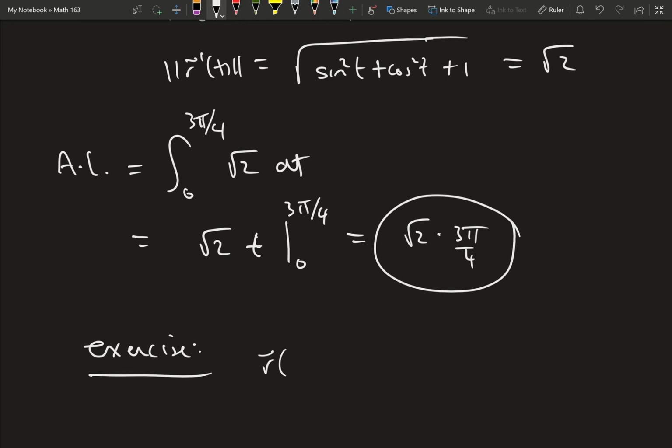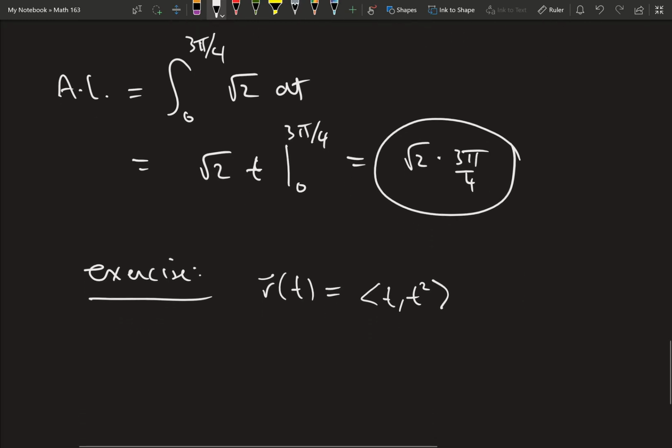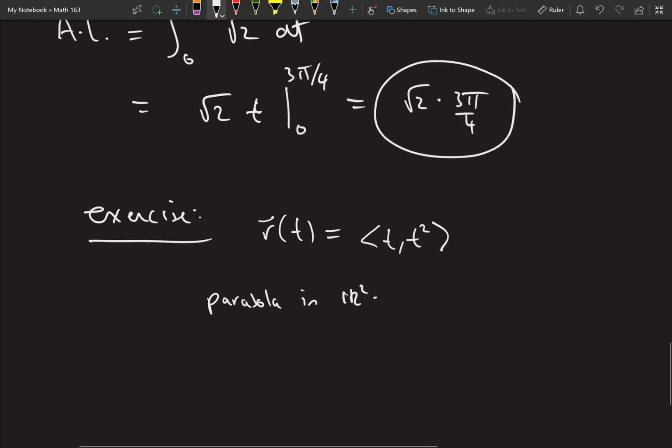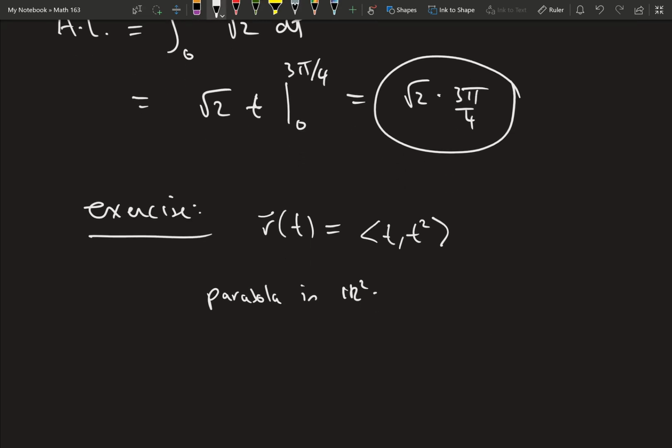So let's say r of t is t comma t squared, and this is just essentially a parabola, right? This is your parabola in R2. And let's say you wanted to find the arc length from t equals 0 to t equals 1.